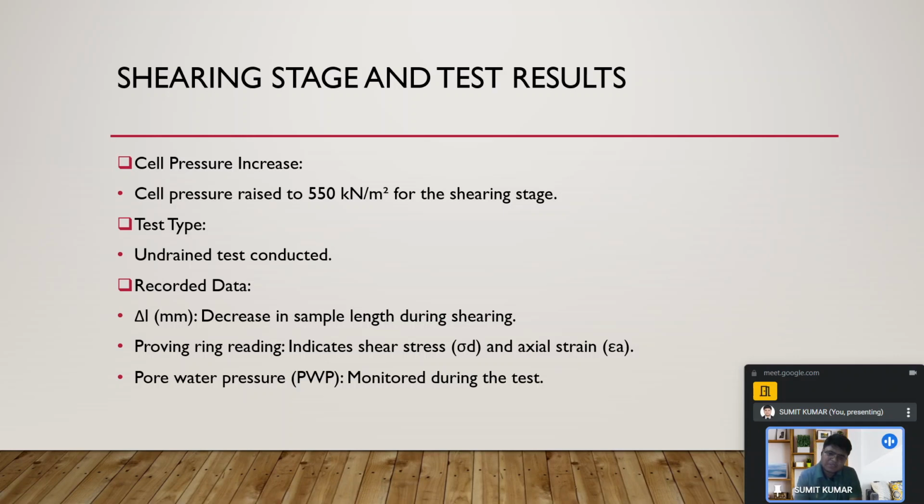The pore water pressure is monitored during the test because we are mostly concerned about getting the effective stress parameters rather than the total stress parameters. So the pore water pressure needs to be monitored during the test, and this test setup allows those measurements for us.